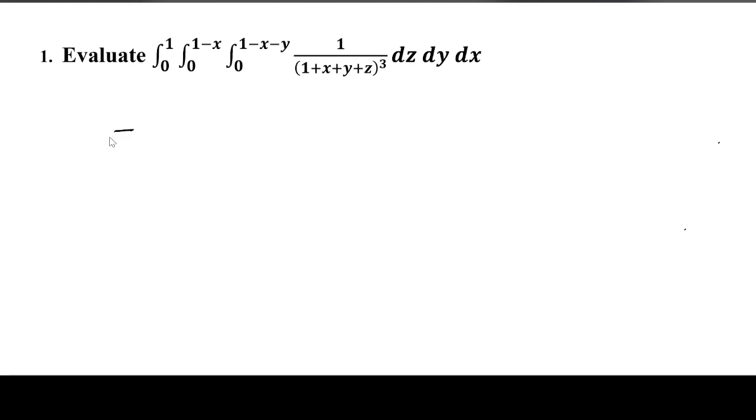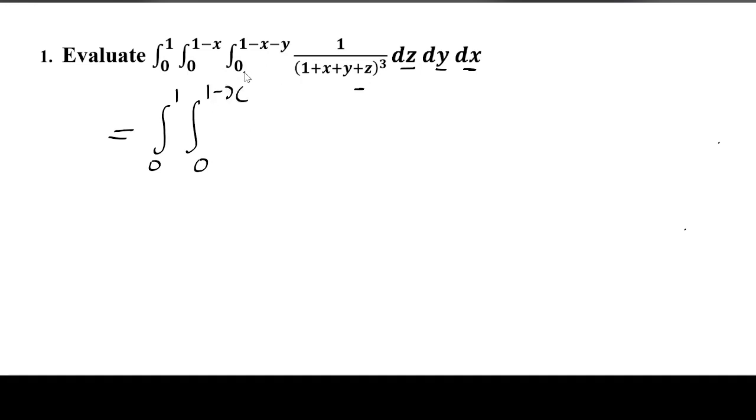Now here z is the innermost variable, so I will have to integrate this function with respect to z first, keeping the remaining variables, that is y and x, as constant. So the first two integrals remain the same, 0 to 1 and 0 to 1 minus x.